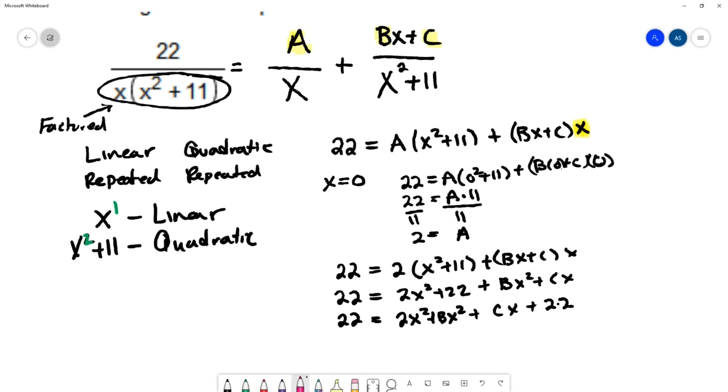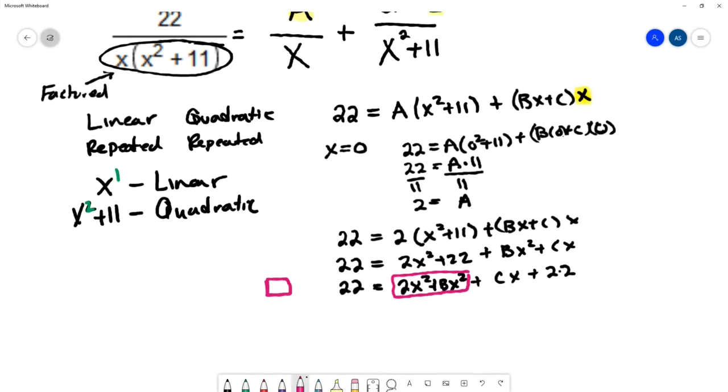What equating the coefficients means is that you're going to take the like terms on the left and match them with the like terms on the right. On the right we have an x squared term, but we don't have an x squared term on the left. So that means that the coefficient of x squared on the left is 0, and 2 plus b has to equal 0.